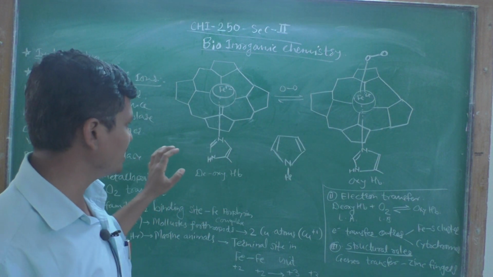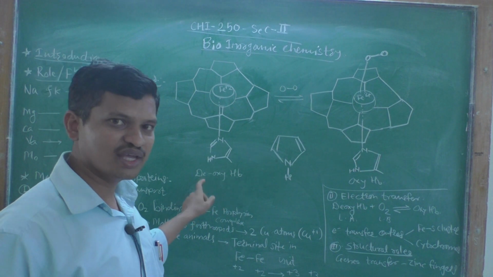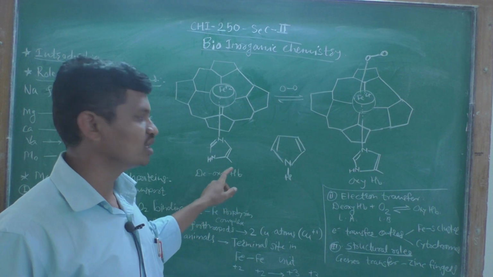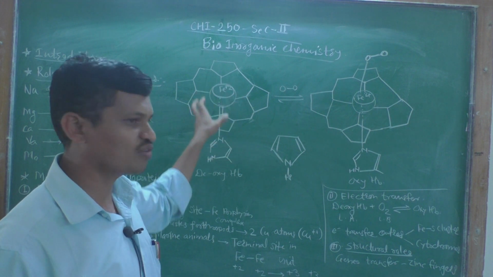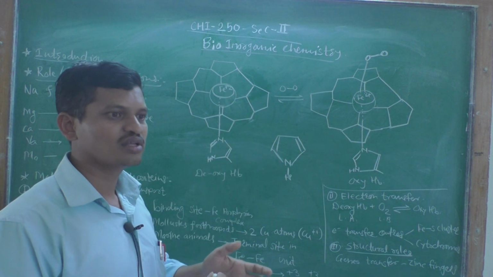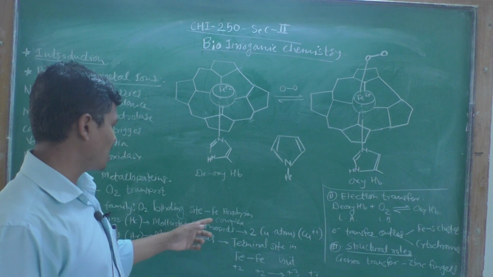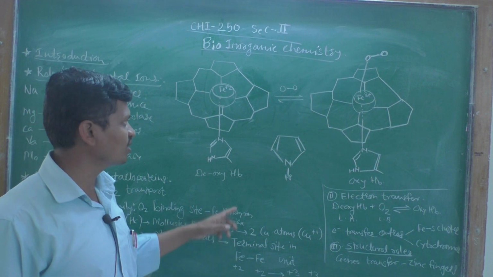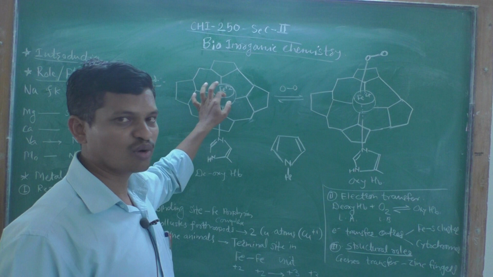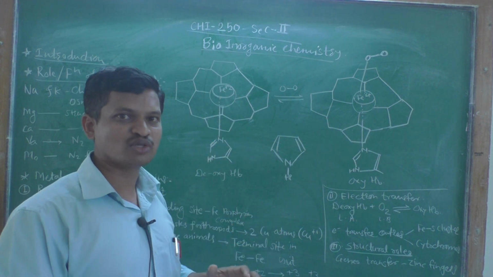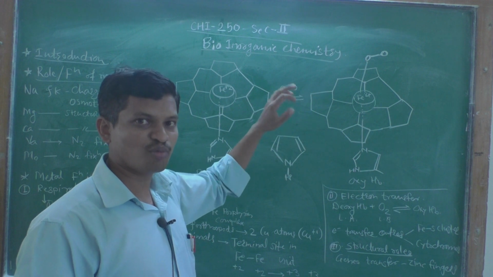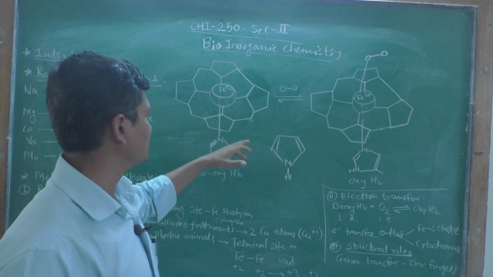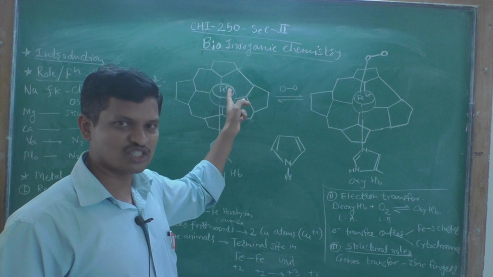In the deoxyhemoglobin molecule, the iron is present at the center of this porphyrin ring, and this system is known as the iron porphyrin complex. In this complex, before the binding of the O2 molecule, the oxidation state of Fe is +2.